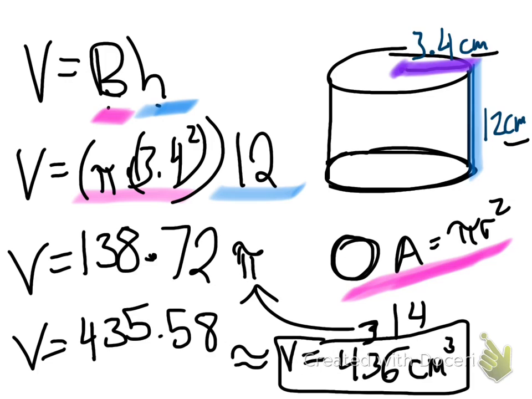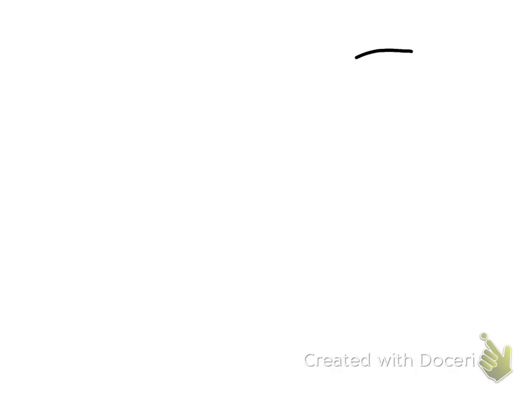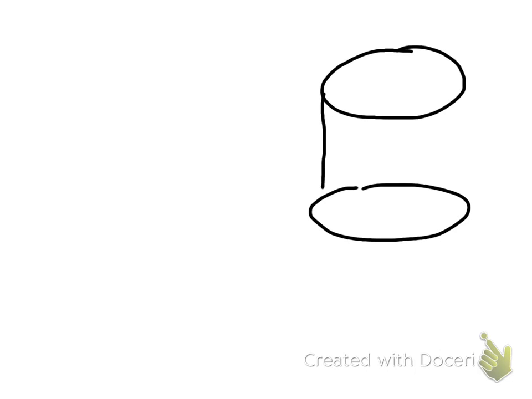Alright, I'm going to have you do a practice problem now. I want you to find the volume of this cylinder. Okay, 22 feet and 5 feet. So find the volume.